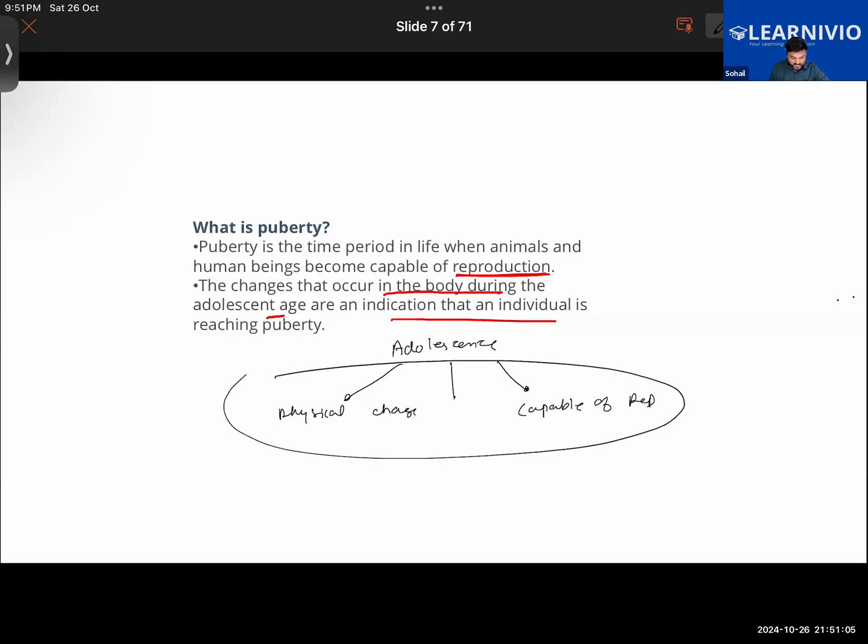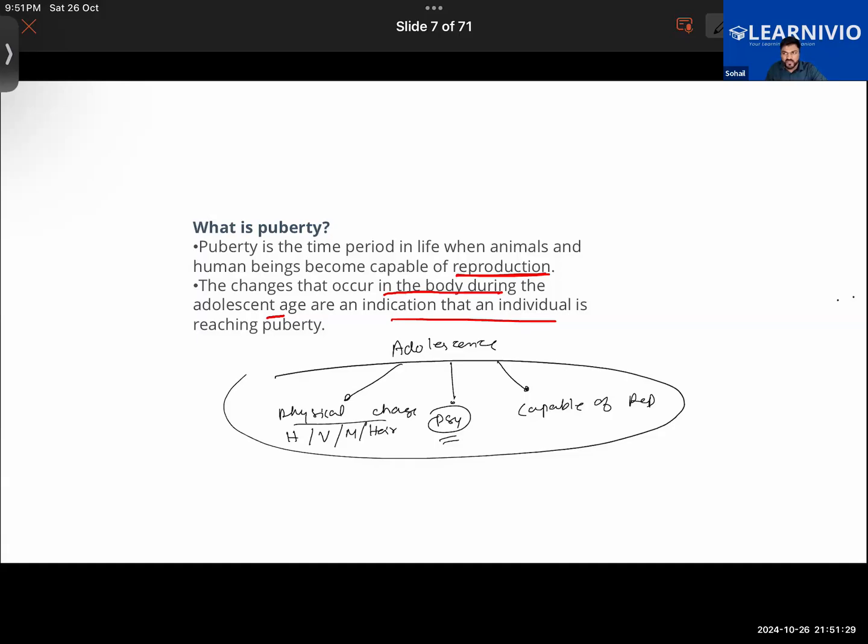Physical changes will be like growth in height, change in the voice, increase in muscle mass, or growth of hair. All these are the physical changes. Apart from that, there will be psychological changes also, like the feeling of self consciousness and self respect.